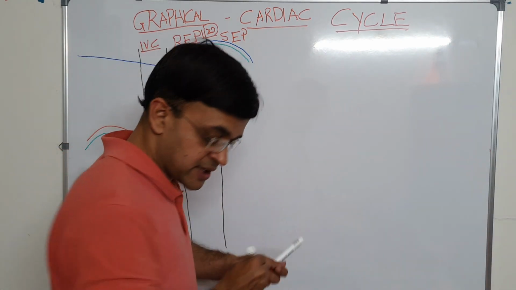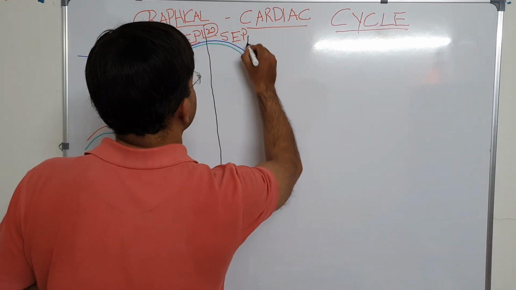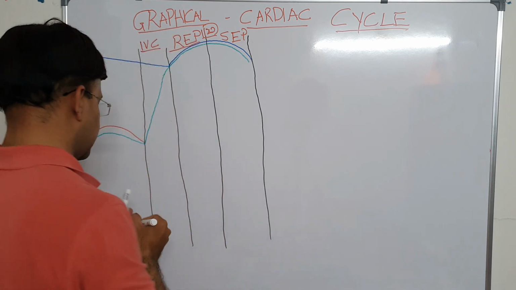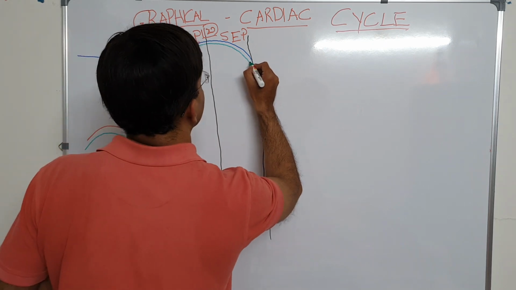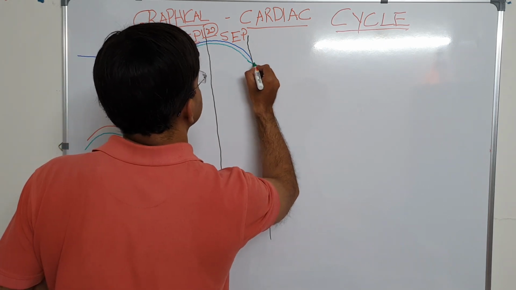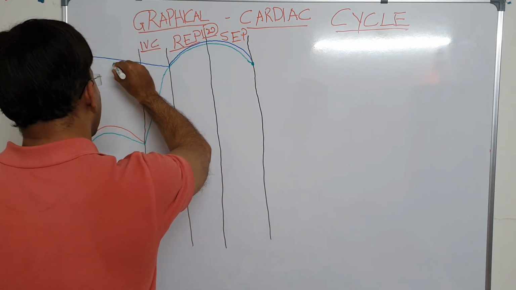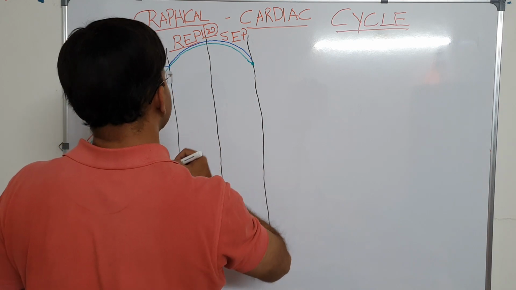So this is the point where the aortic valve is going to close, and both the aortic pressure and ventricular pressure will become independent of each other.